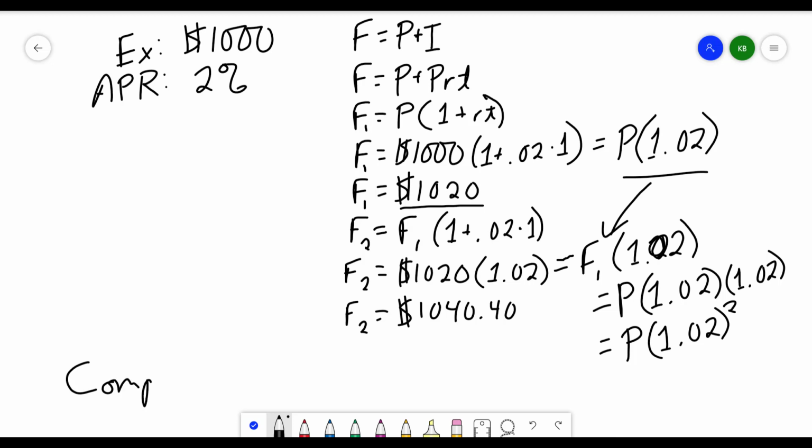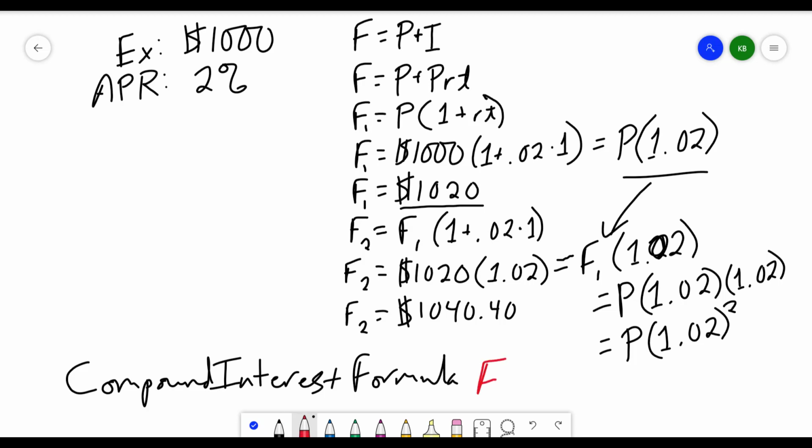So the compound interest formula tells us that the future value of our money is going to equal our initial principal times 1 plus the decimal form of our rate, raised to the time, the term, the number of years that we're going to be putting the money away for.